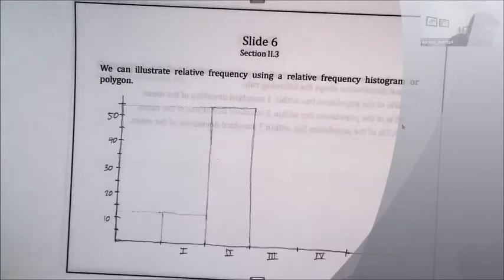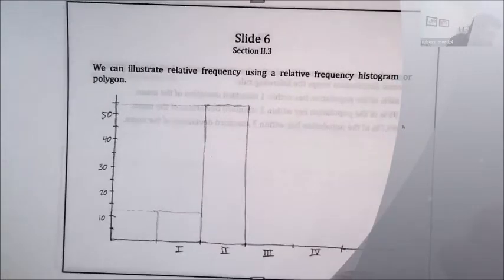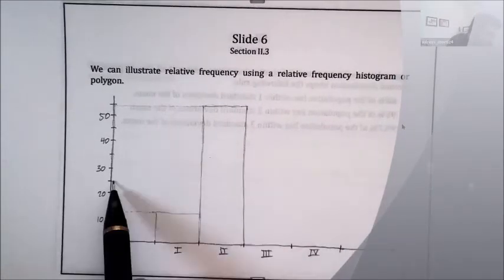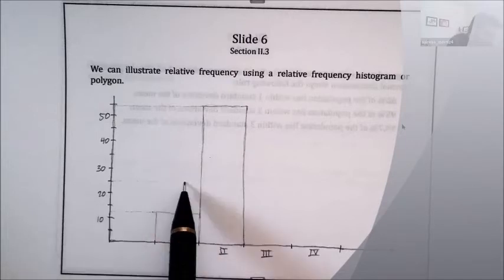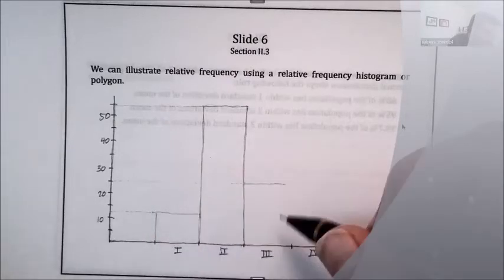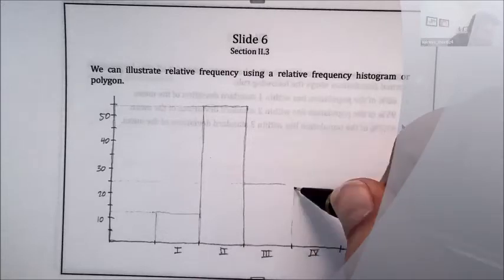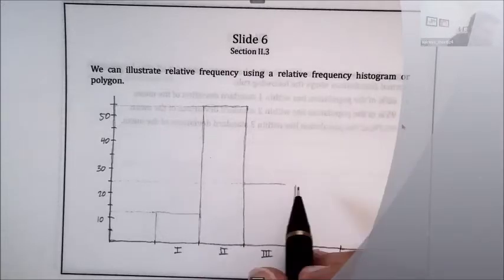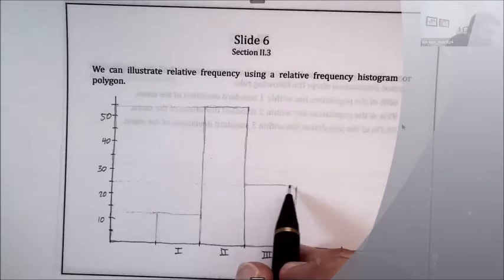Interval 3 was 25%. It's 6 out of 24 of the individuals in our population. And then interval 4 is 8.3%.